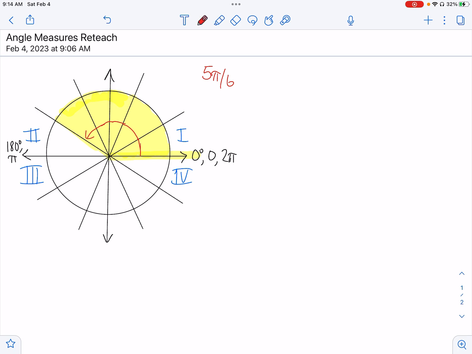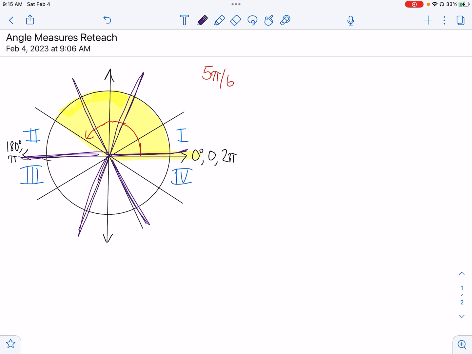If you were asked to find 5 pi over 3 radians, that's like looking at the top and the bottom as being broken into 3 sections each, something like this.